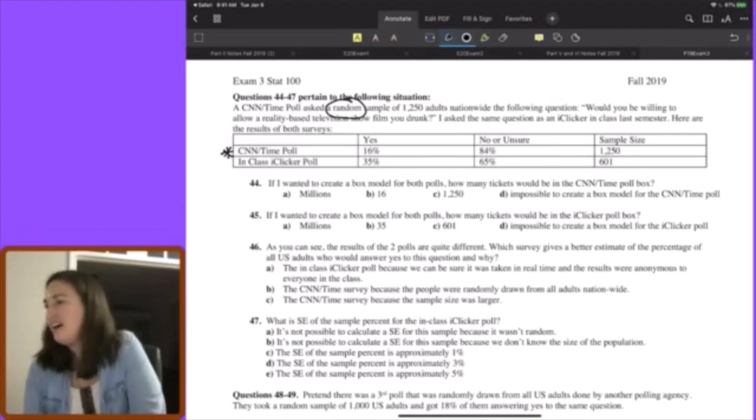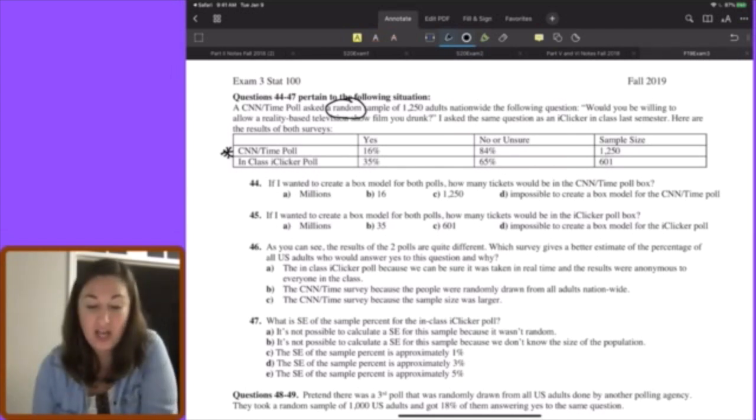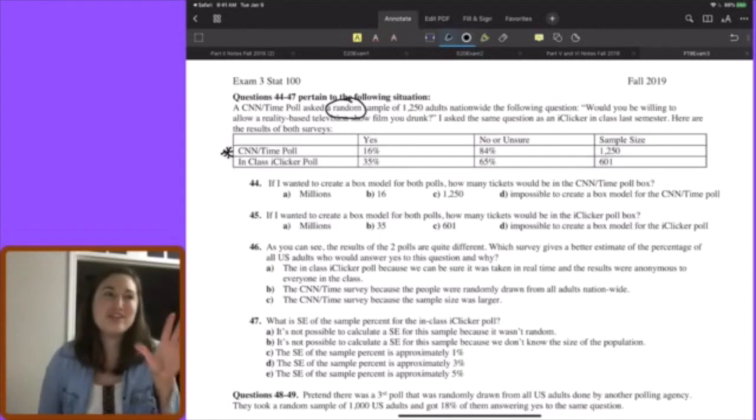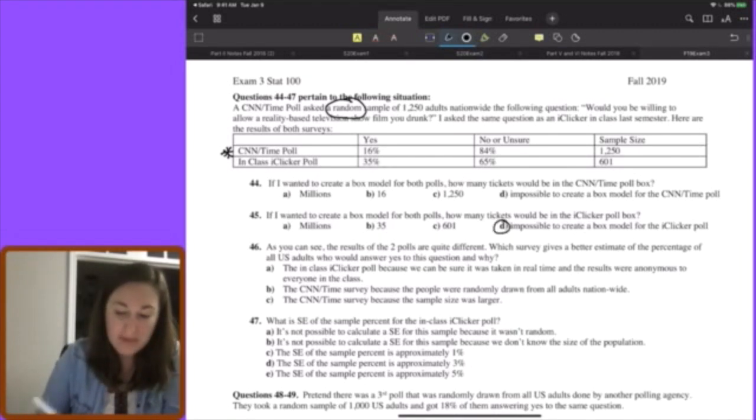So, this one says, if I wanted to create a box model for both polls, how many tickets would be in the CNN/Time poll? All right, so the box models we can create if there's a random process. So for CNN and Time poll, this was random, so we could easily create a box model. For the iClicker poll, I'm actually going to say this one is impossible to create a box model because it's not random.